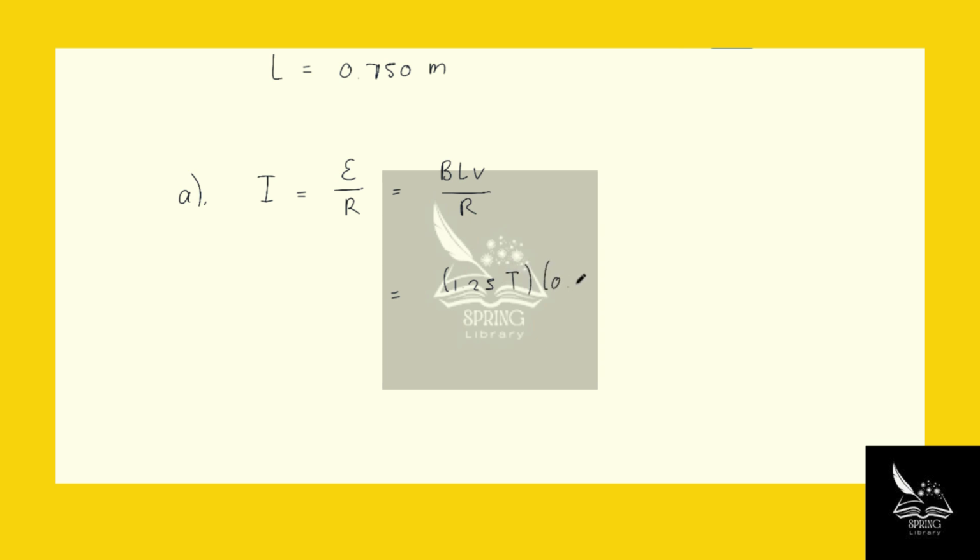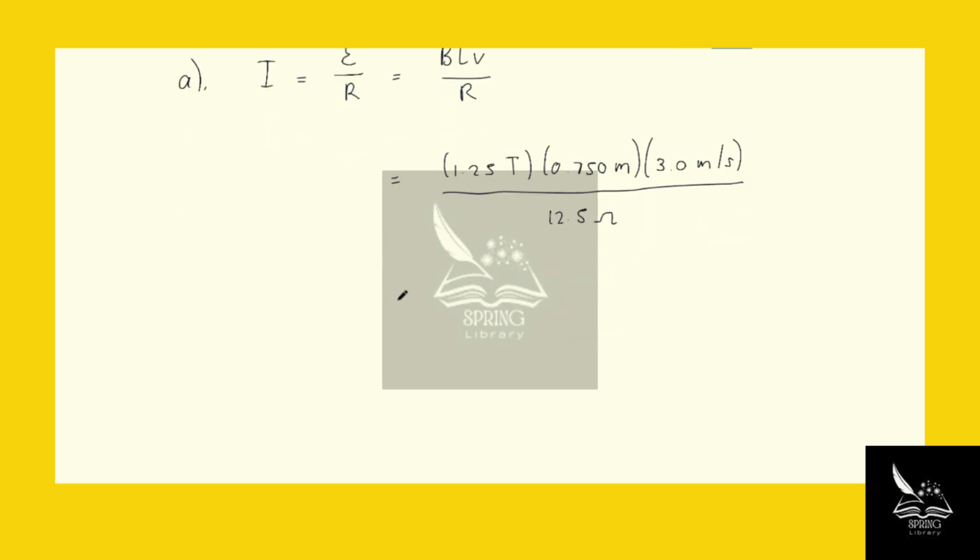The length of the circuit is 0.75 meters, and it's moving at a constant speed of 3 meters per second. All of this divided by the resistance of 12.5 ohms. So we get the induced current to be 0.225 amperes. So we have the magnitude of the current that is induced.